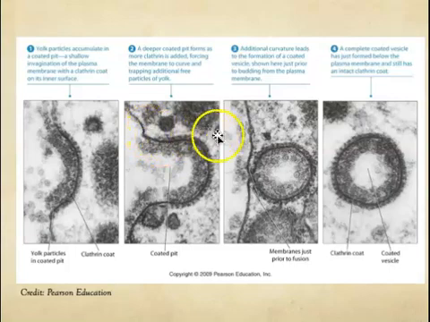Eventually, the invaginated membrane is going to pinch off, creating this coated vesicle. Once it's pinched off, all of the ligand receptor complex, all of that yolk protein, is on the inside of the vesicle, and the coat is on the outside. This is what we call a coated vesicle.